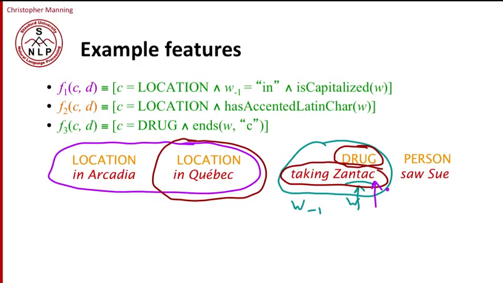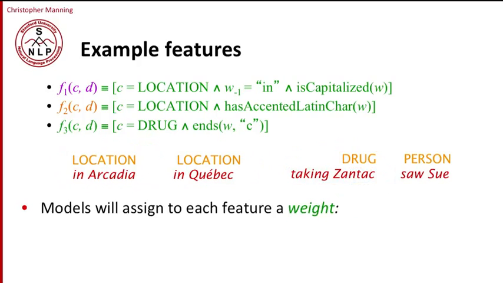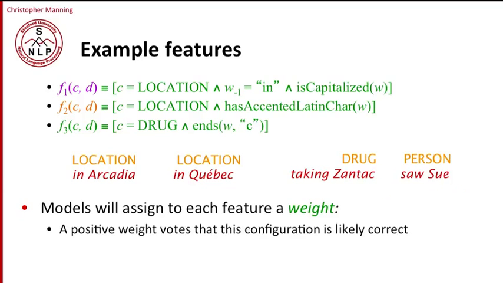At that point, the next thing is that the model will assign to each feature a weight, where the weight is a real number, so it might be something like 0.3 or -0.2. So this isn't the value of the feature, this is the weight of the feature. And so a positive weight votes that this configuration is likely correct.